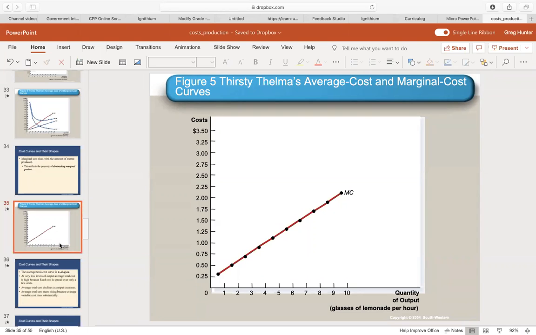And for almost all production processes, when we want to analyze how those firms are dealing with costs and how they're managing their costs to become profitable, the section of output that's relevant is that section of the marginal cost curve where marginal costs are increasing.